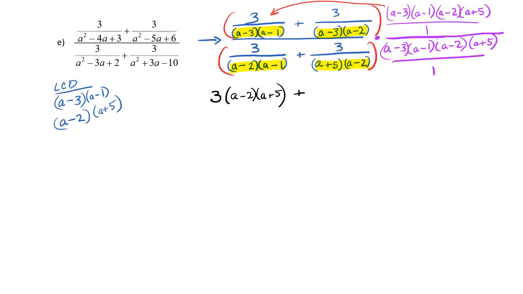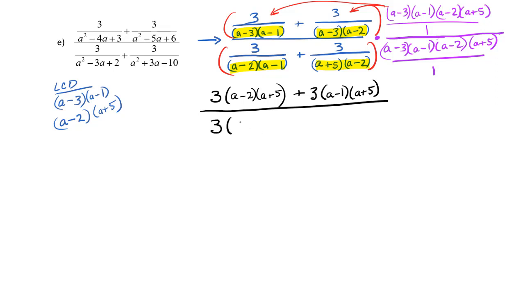If I distribute to the next term or fraction in the numerator, I'll be left with 3 times a minus 1 times a plus 5. And all my fractions in the numerator are gone now. So the same pattern will happen in the denominator.